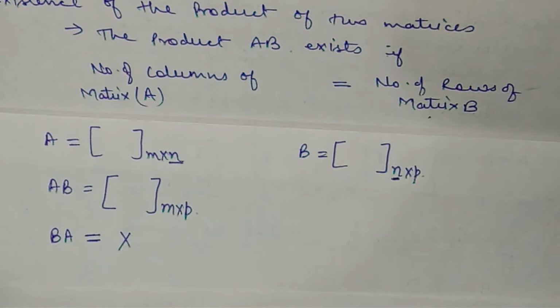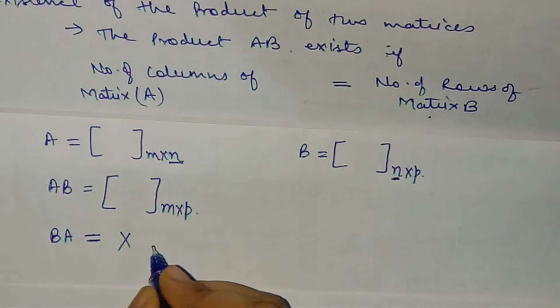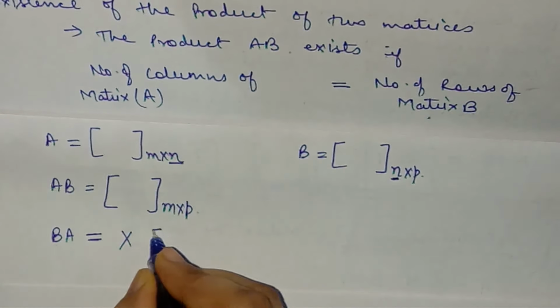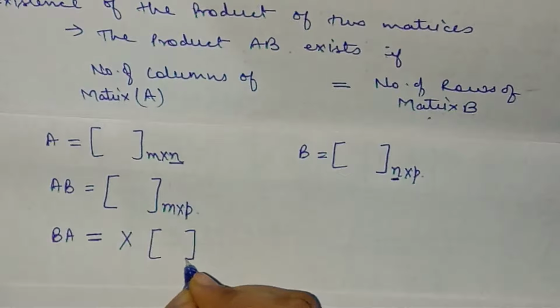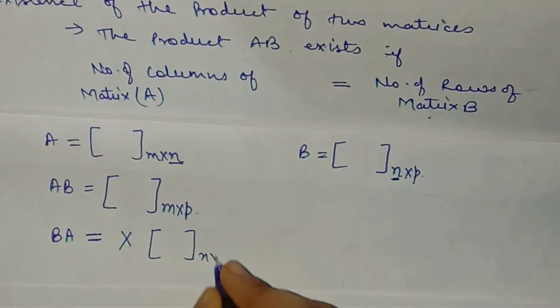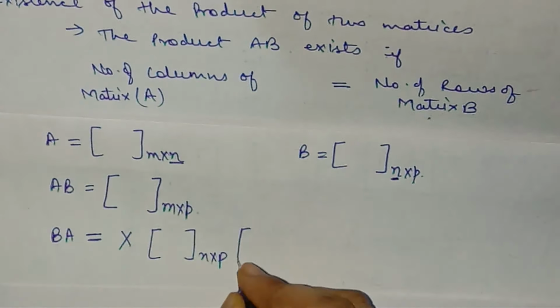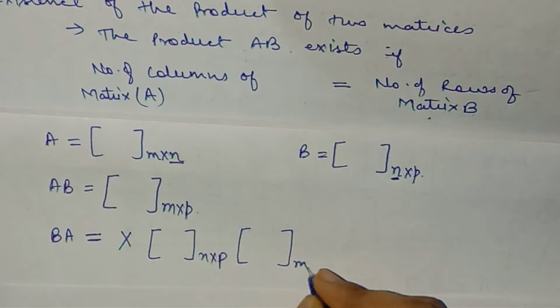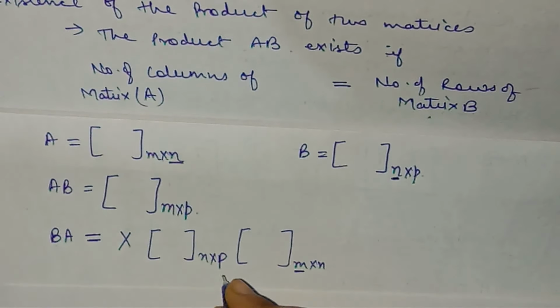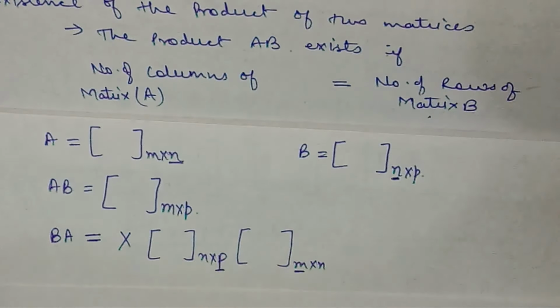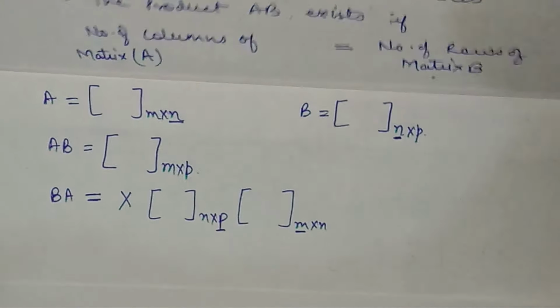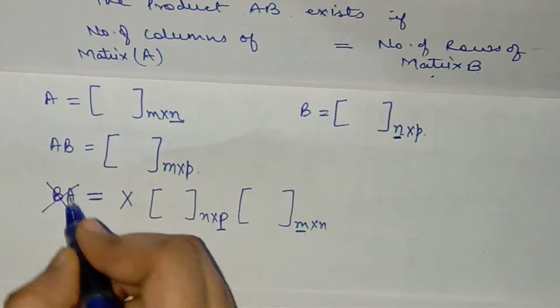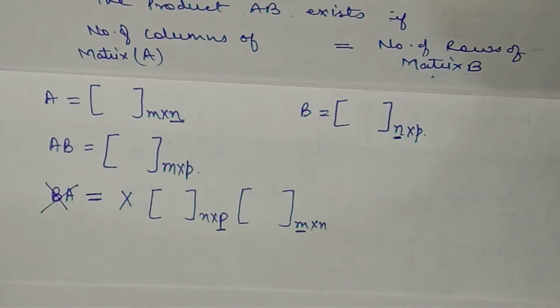Matrix B is n into P and matrix A is m into n. As you can see, these two are not equal, so we cannot multiply, and we will not be able to find B into A in this situation.